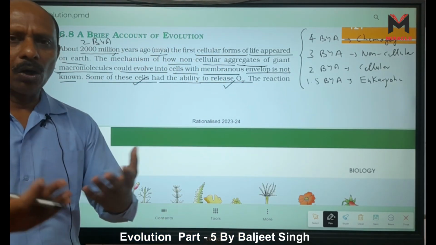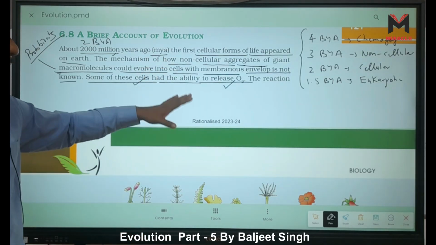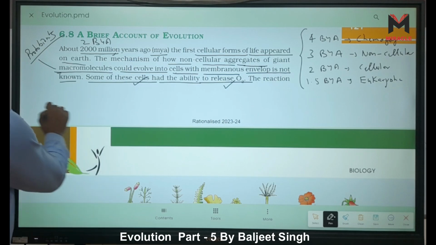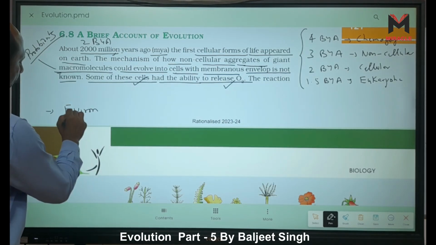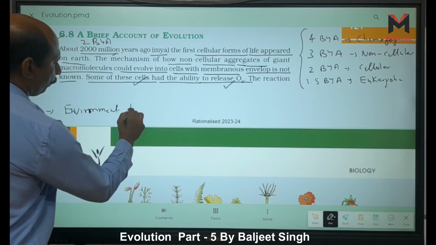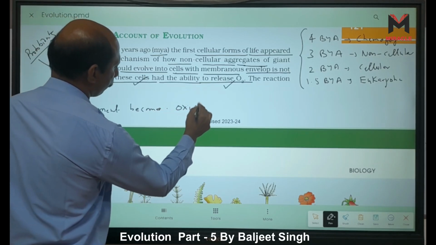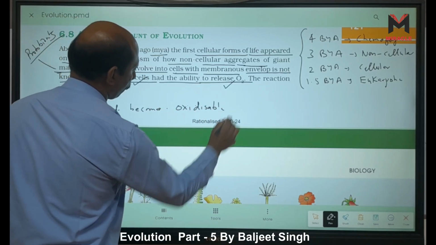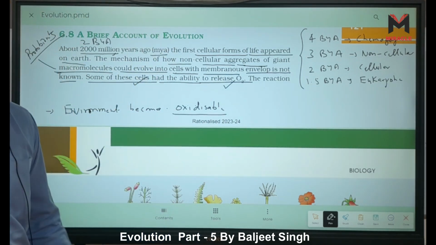When they start to release oxygen, now the oxygen revolution starts. Now what happens? Due to the release of oxygen, this environment becomes oxidizable, right?